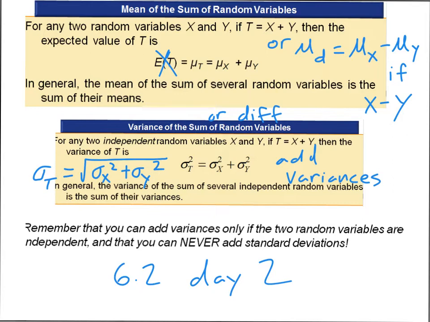Pay attention to the note at the bottom. You can't add standard deviations, ever. All you can do is just add variances. The fact that it's under a big square root is kind of an issue for addition. That's why we have to switch over to variance, then we can add it together.